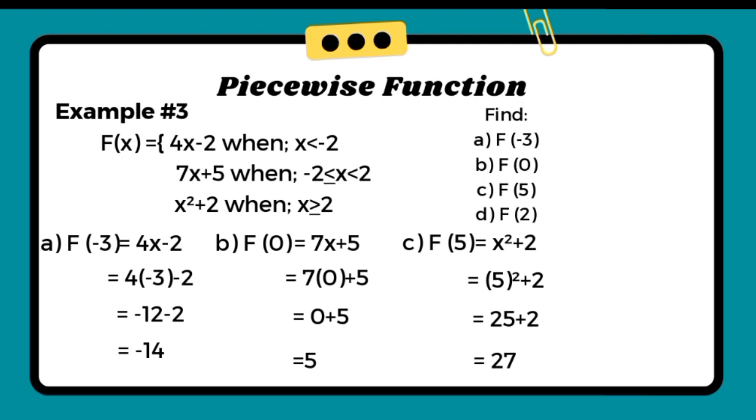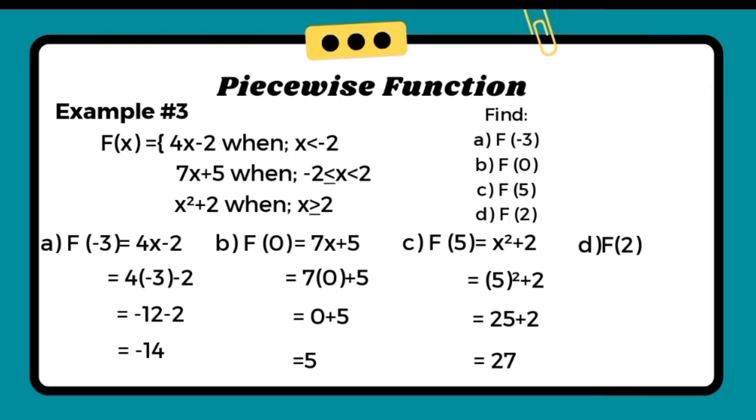And let's proceed sa ating last, letter D. So, ang hinahanap naman po is f of 2. Saan po ba nabibilang yung f of 2 dyan sa ating given, sa restriction? So, nabibilang po siya uli doon sa x is greater than or equal to 2. Bakit doon natin siya binilang? Kasi nga, equal nga po siya doon sa given, which is yung 2, na hinahanap.